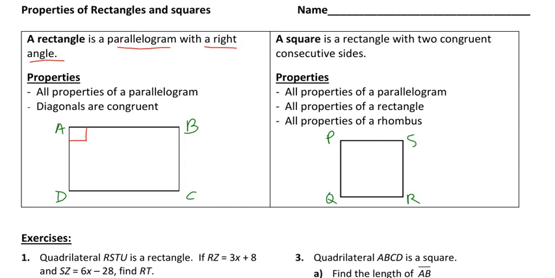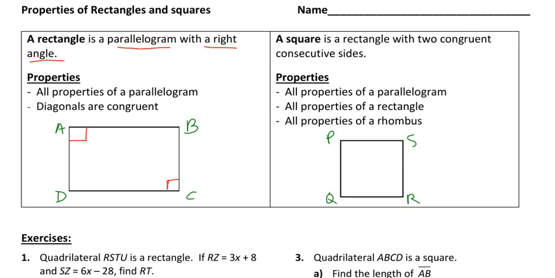So we have a figure which we know is a parallelogram with one right angle. Because it is a parallelogram, we know that angle C should also be a right angle, because in parallelograms the opposite angles are congruent. So that makes angle C also a right angle.